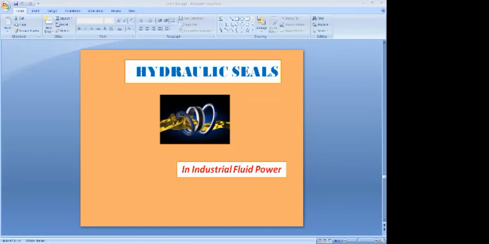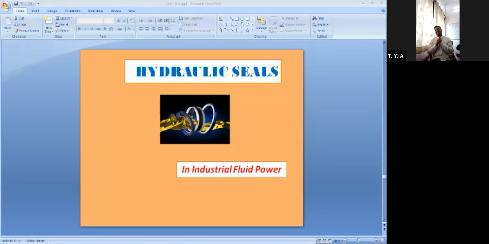As we know, in our hydraulic system, leakage may occur. Why does leakage occur? Because all the components are connected to each other in the hydraulic system, and our working fluid is oil. So leakage can be a major problem in the hydraulic system.